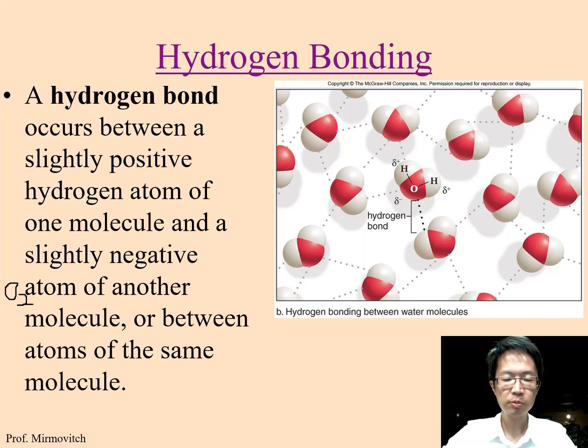But for the hydrogen bond of water, it is usually between two different water molecules. Last time we talked about this. This hydrogen bond here is between the slightly negative oxygen atom and the slightly positive hydrogen atom of another water molecule here. So this is the hydrogen bond.